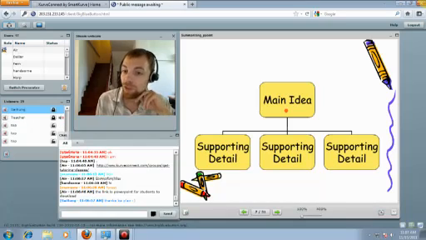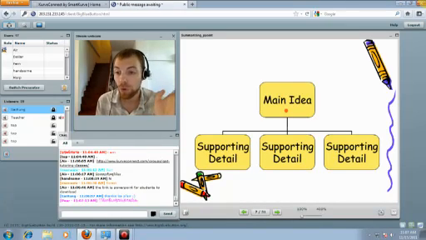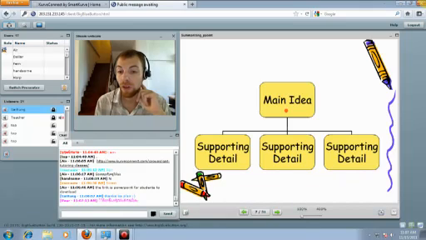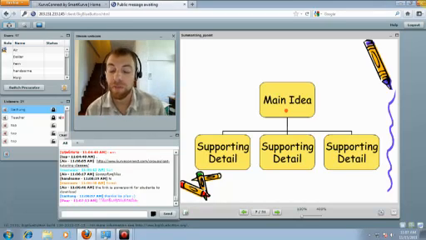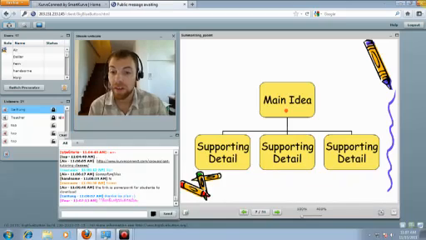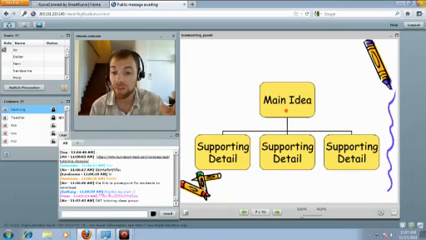So this is a simple structure. When you write something, first think of your main idea, and then think of 2 or 3 or 4 supporting details. These are things that can help you make your idea clear. So usually when you write a paragraph, maybe a short essay, you have a main idea in the first sentence, and then 3 sentences to help talk about the main idea.